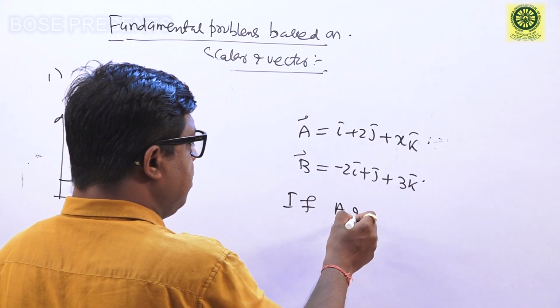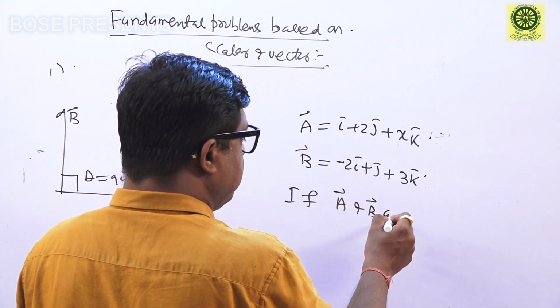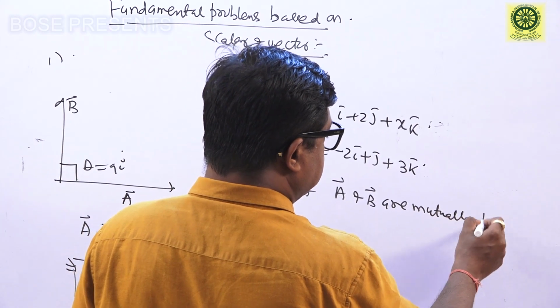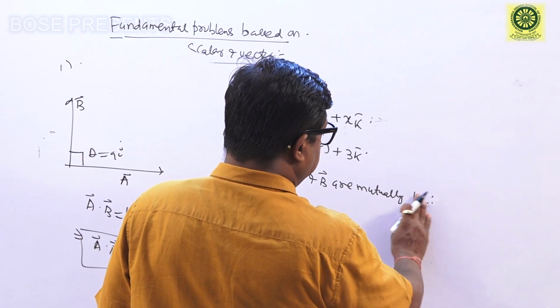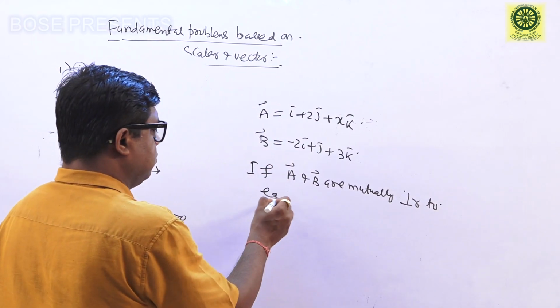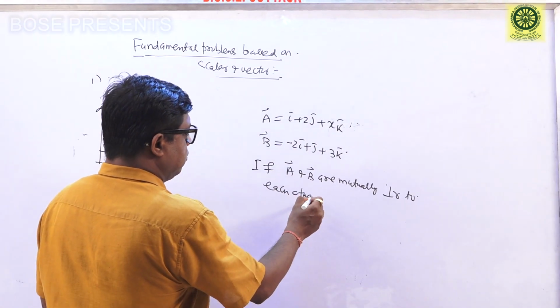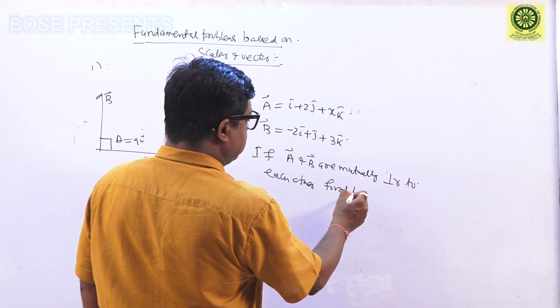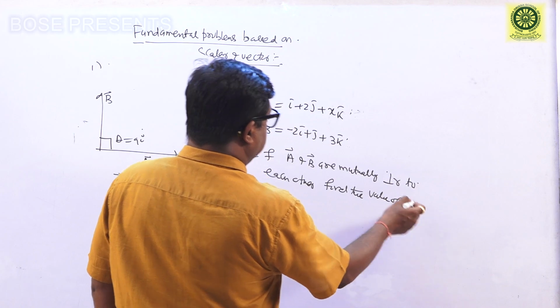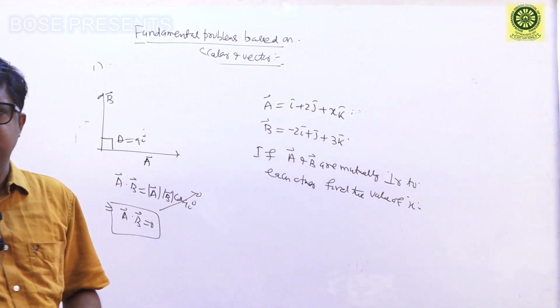If vectors A and B are mutually perpendicular to each other, find the value of x. What is the value of x?